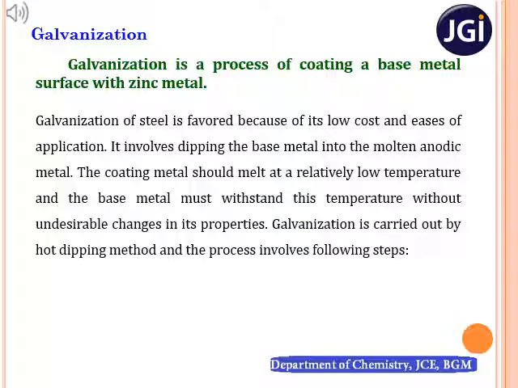This process involves dipping the base metal iron into molten anodic metal zinc. The zinc should melt at relatively low temperature and the base metal iron must withstand this temperature without any undesired changes in its properties.